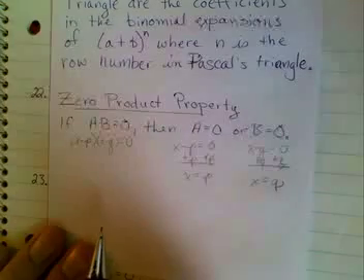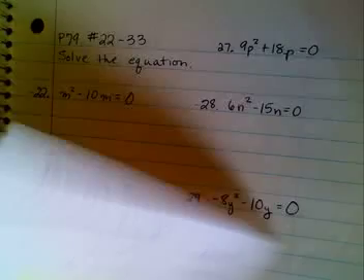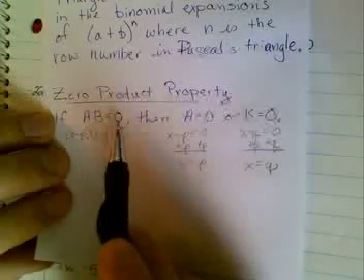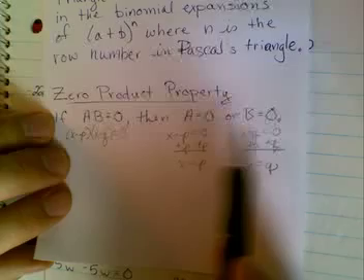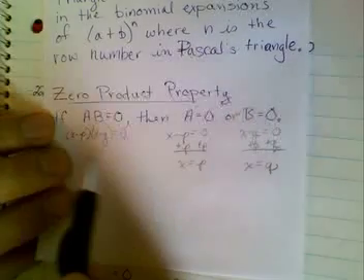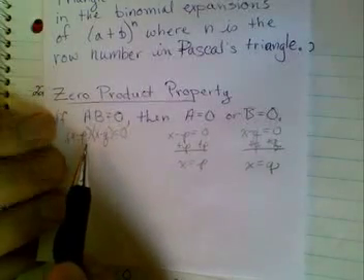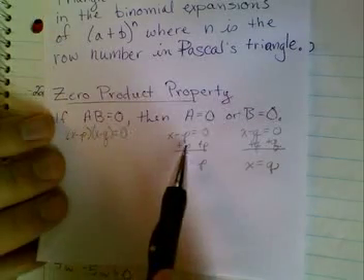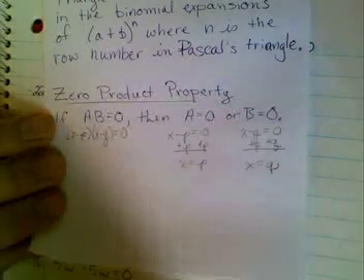And solving these equations on numbers 22 through 33 deals with the zero product property, which is just if AB equals 0, then either one of those numbers is 0. So what our goal is to end up with a couple of expressions, set each expression equal to 0.